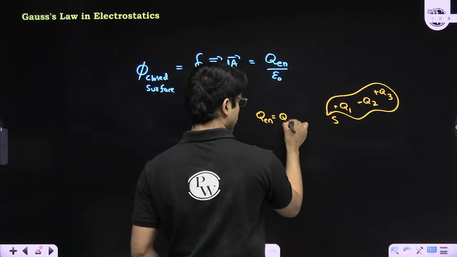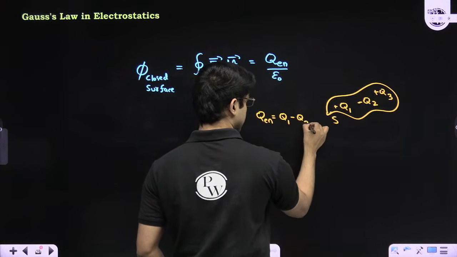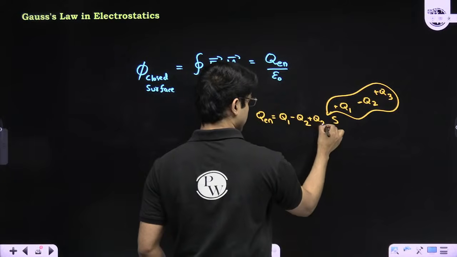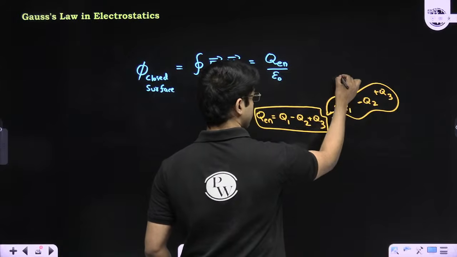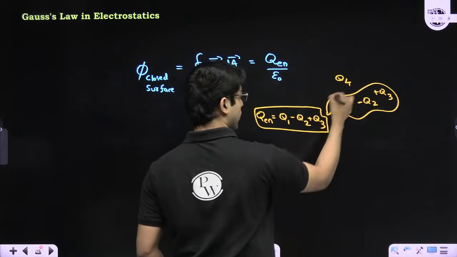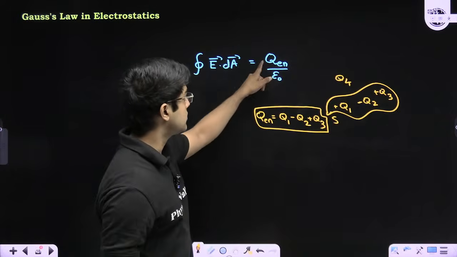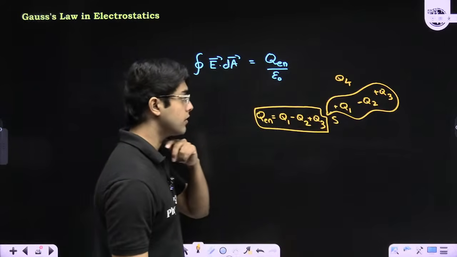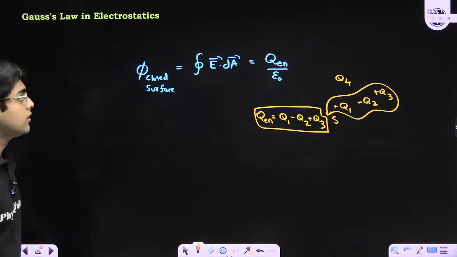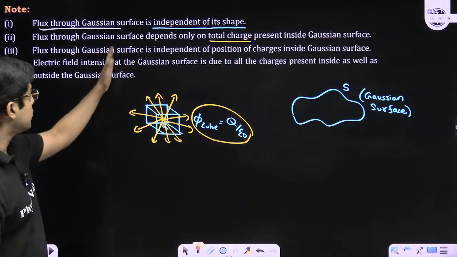First observe the boundary of the surface. Q1 is positive, Q2 is negative, Q3 is positive, that's it. This is going to be Q enclosed. It doesn't matter if there is a Q4 outside, you will not include it here. This is the Q enclosed, which means charge enclosed inside surface S. That is the only thing the flux depends on.